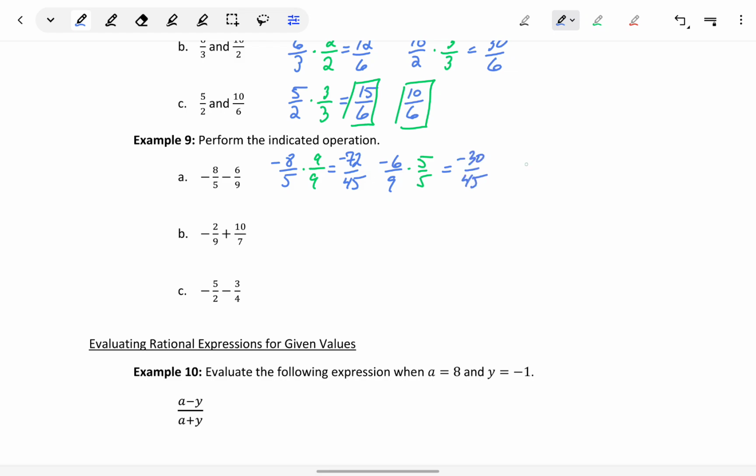which means we can rewrite this problem as -72 over 45 minus 30 over 45. Since the denominators are now common, our new numerator becomes -72 minus 30, all over that common denominator of 45, which will be negative 102 over 45.